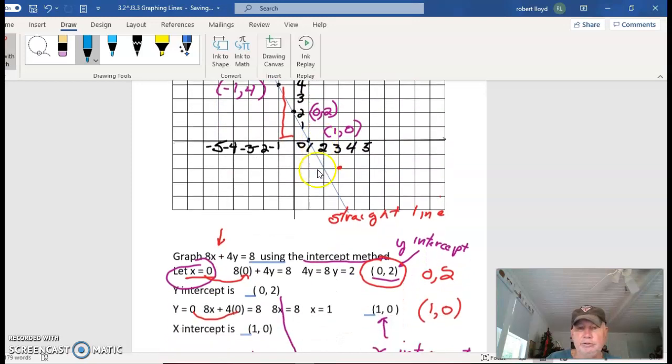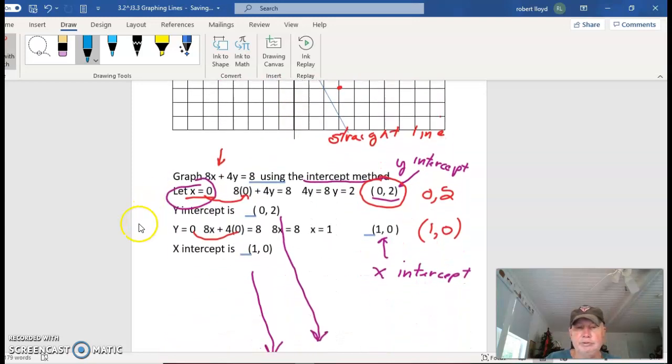The second way we're going to do that is to use the intercept method. And let me get rid of some of this stuff.